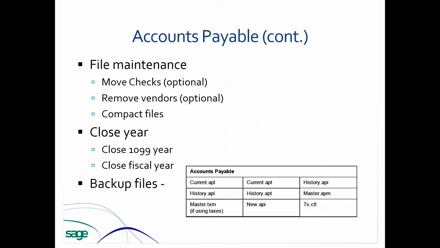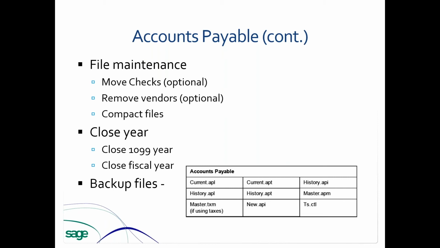So again, every time you enter an invoice, you not only add an invoice, but you add a distribution record. And the same with the checks. You've got payment records, payment distribution records, potentially tax records that are also part of those transactions that get written into that master file. So this file, as you go day to day, is getting bigger and bigger and bigger.